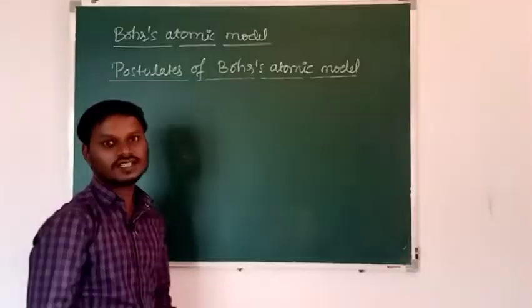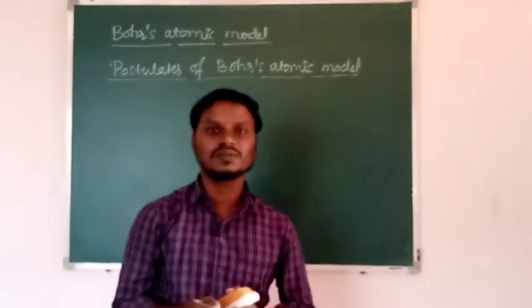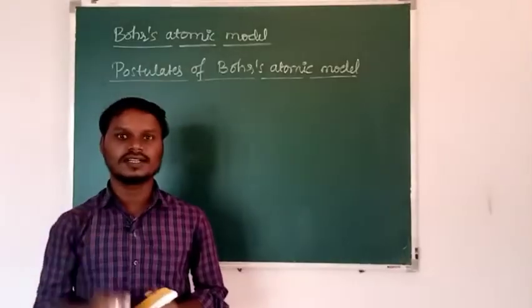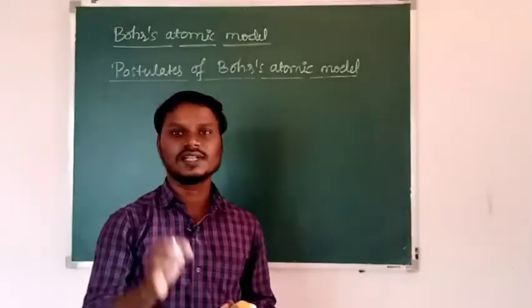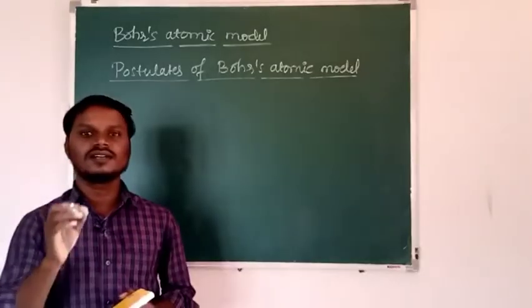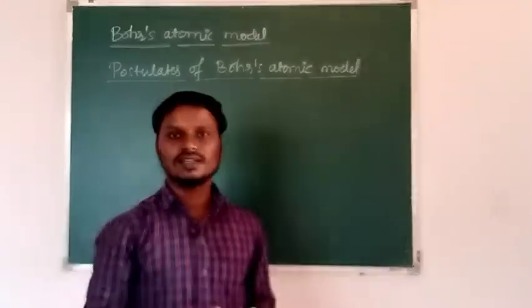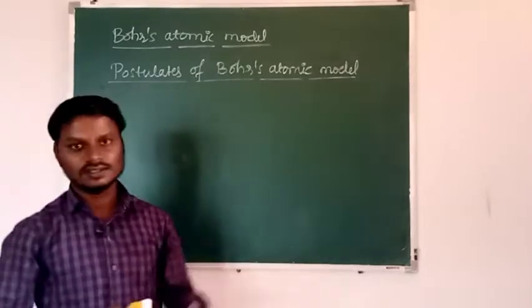By using Bohr's atomic model, we are going to derive the expression for the radius of the orbit of an electron, the velocity of an electron in the given orbit, and also the energy of an electron in the given orbit.